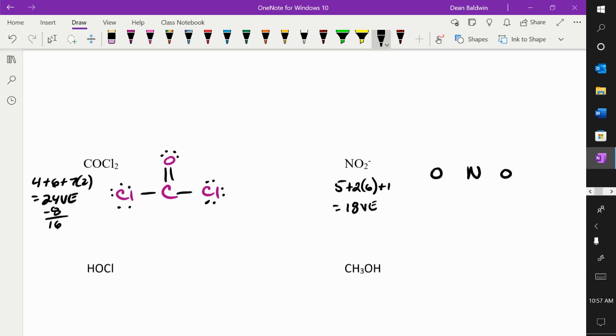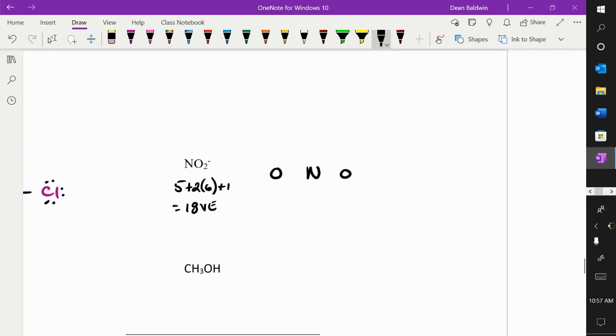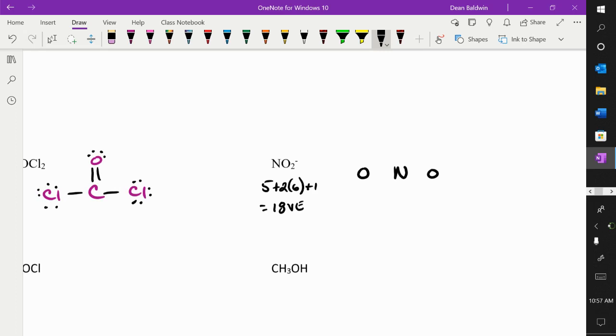All right. How are we going to do this? What should we do? Okay, so we have 18 valence electrons. Nitrogen wants to form 3 bonds, and oxygen wants 2.